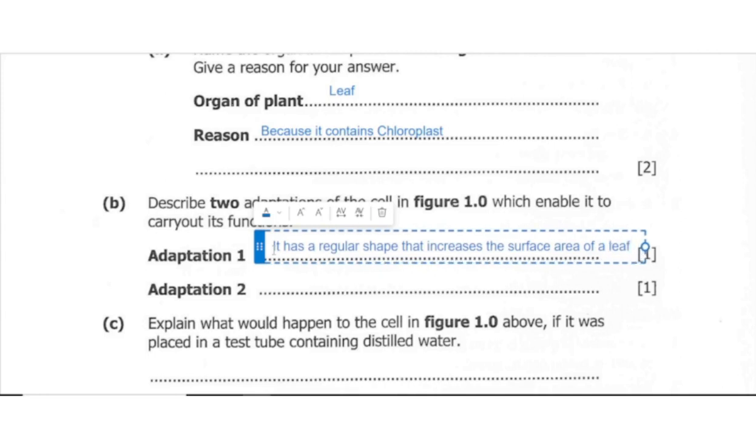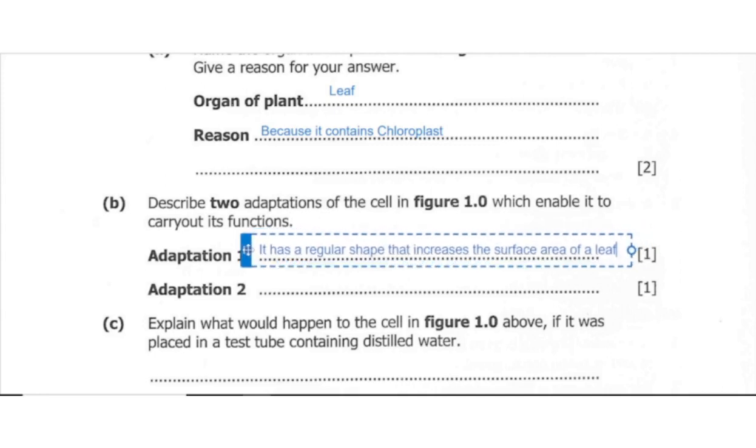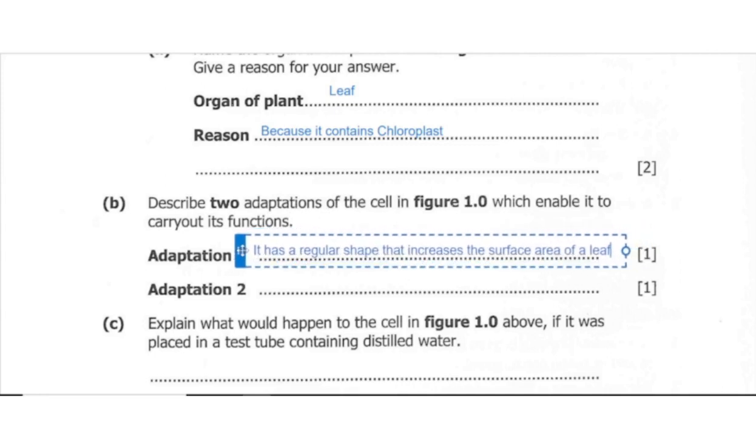Now we know that photosynthesis takes place in a leaf, and one of the functions that the leaves do is to trap sunlight.